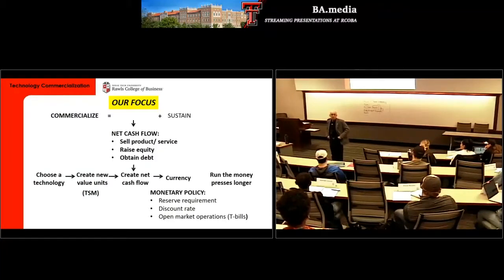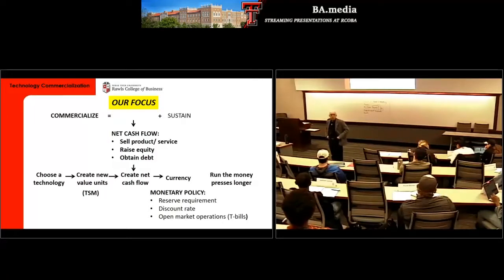Okay? So, discount rate. The discount rate plus 2% is what's called the prime rate. When the prime rate goes up, what happens to the amount of money in the economy? Charging more to rent the money, charging more to have it overnight.